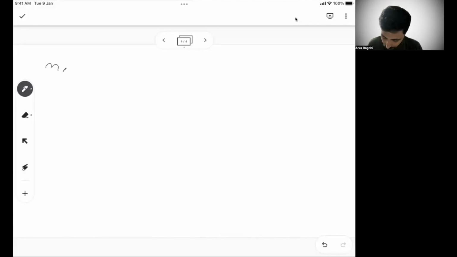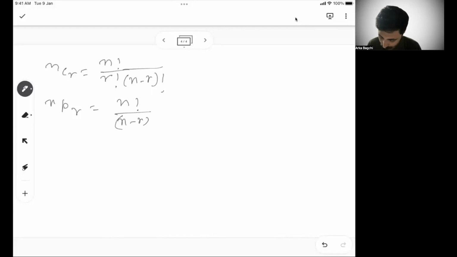Now, what is NCR? NCR is factorial n divided by factorial r times factorial n minus r. And what is NPR? NPR is factorial n divided by factorial n minus r. So NPR is nothing but your NCR times factorial r. Why is NCR multiplied by factorial r to get NPR?